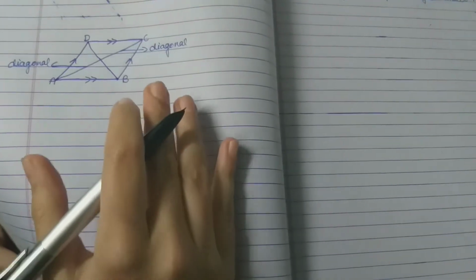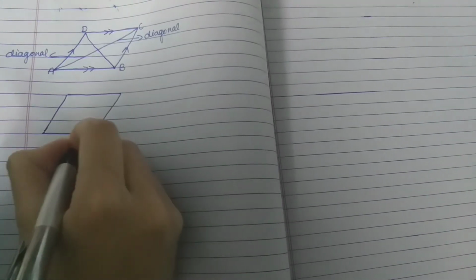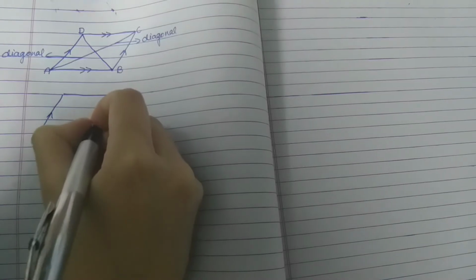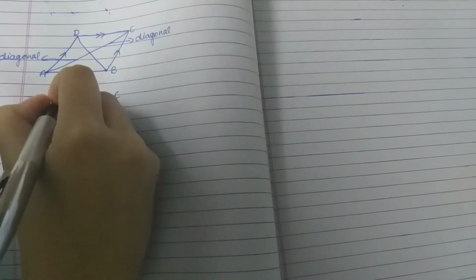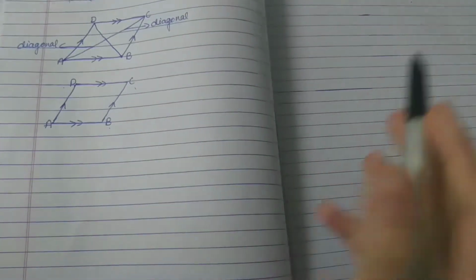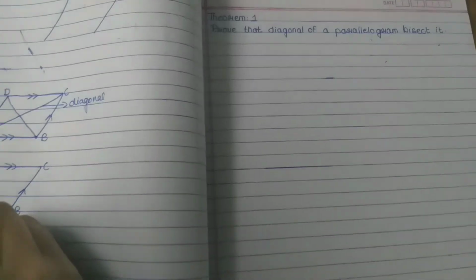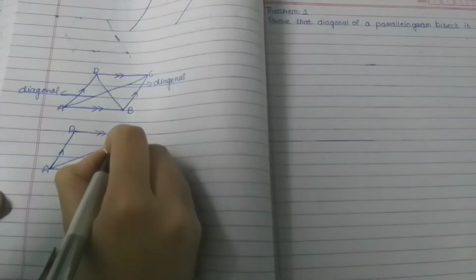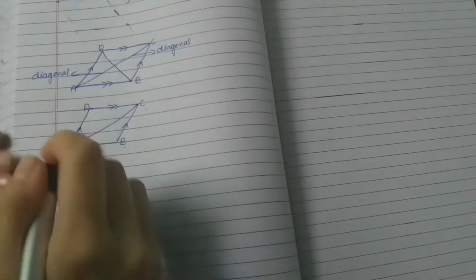So now what is bisect? For that, let me draw another parallelogram here. So this is a parallelogram ABCD, and as our question says diagonal of parallelogram, we are going to draw only one diagonal from A to C. You can draw from B to D as well, as that is also a diagonal.